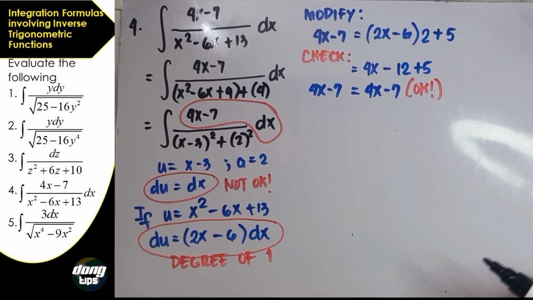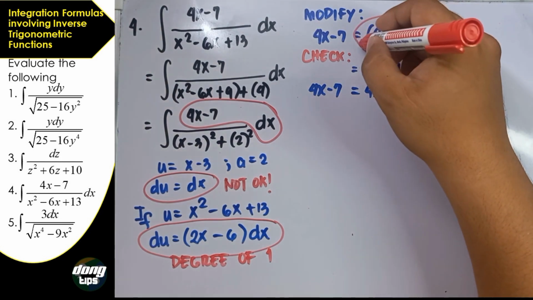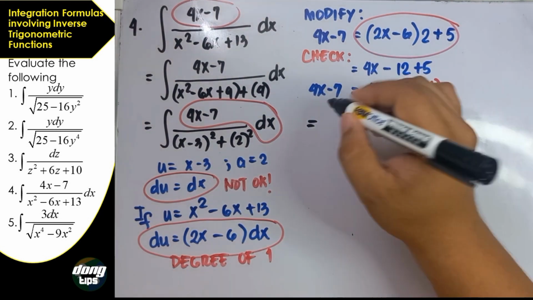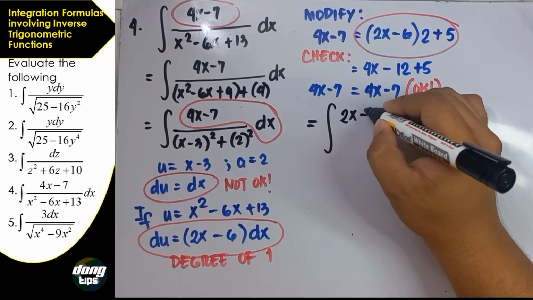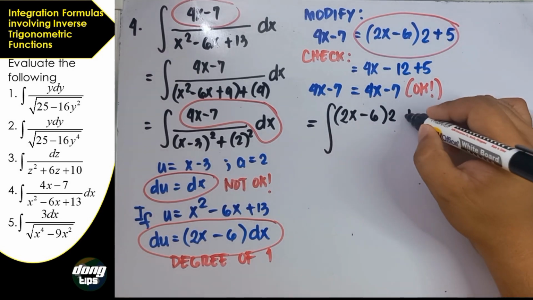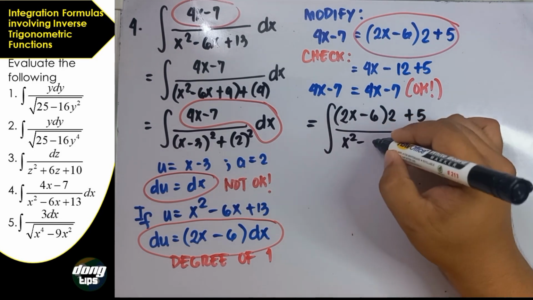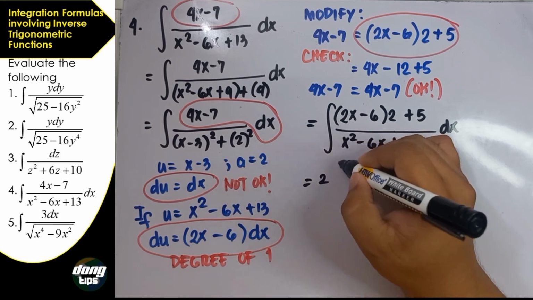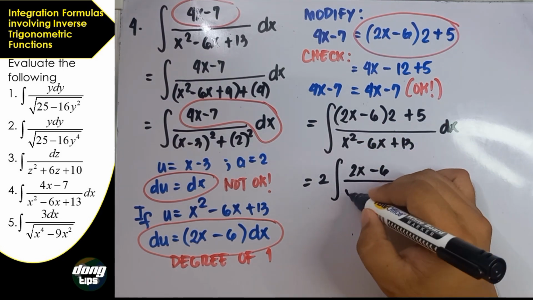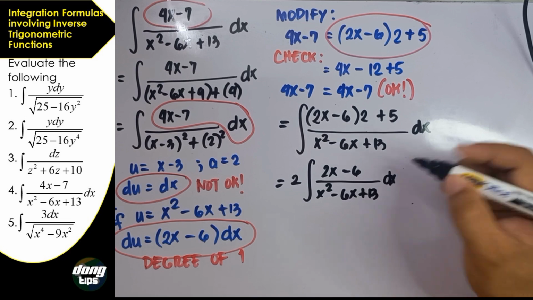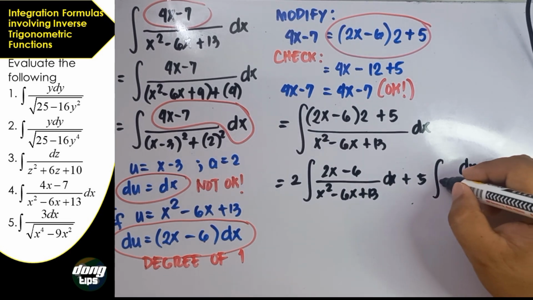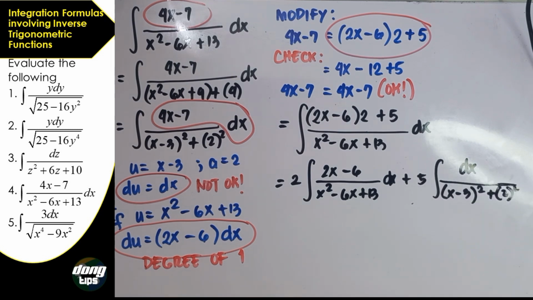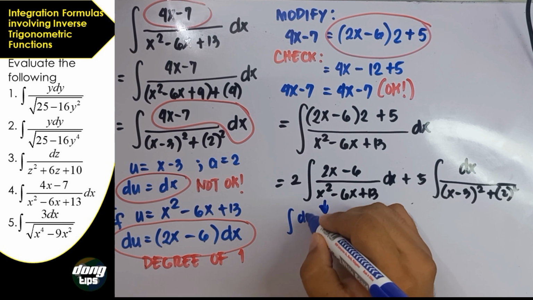Now, let's use this instead of 4x minus 7. Arrange to the most favorable form. Here we use x squared minus 6x plus 13 as the denominator. And here are the two perfect squares as the denominator. Here we use the formula of integral of du over u.